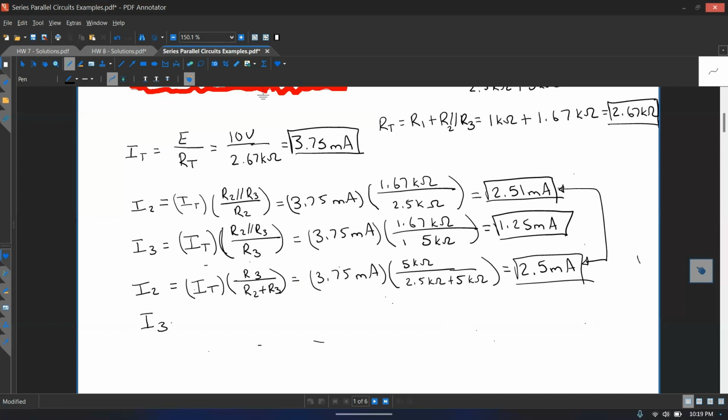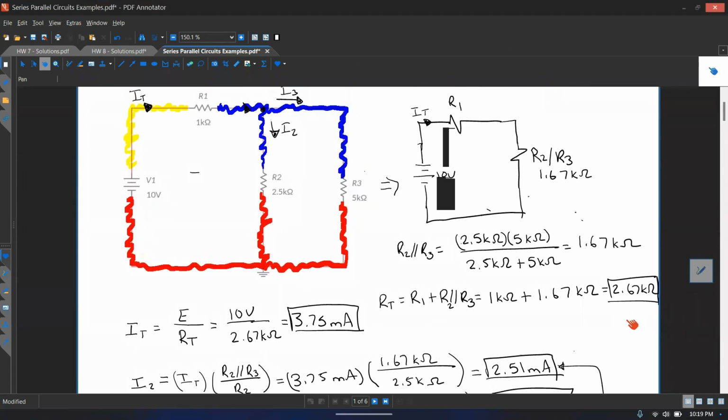You can do the same thing with I3. You get I total times the opposite resistor to the one you're trying to find the current through. So we're trying to find the current through R3, so we're going to take the opposite resistor and put it in the numerator.